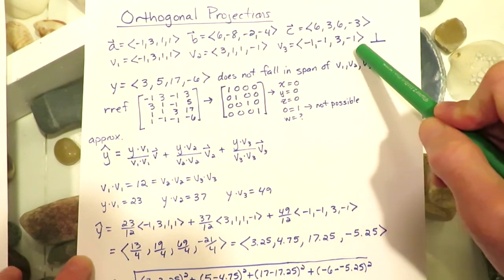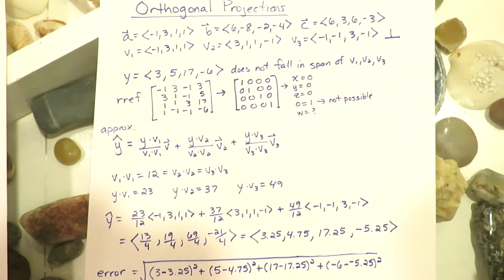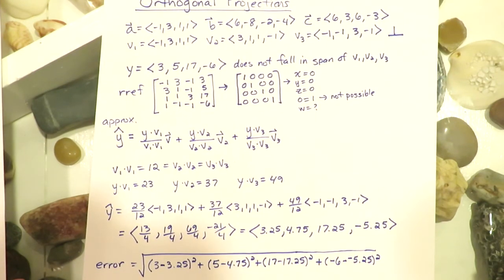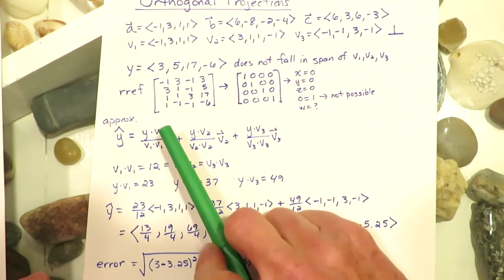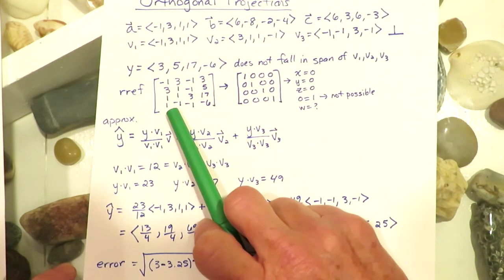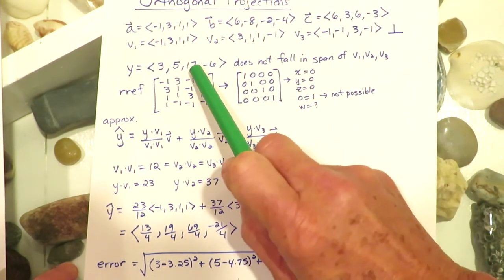these vectors are perpendicular. This vector 3, 5, 17, -6 does not fall in that spanned space. If you wanted to check it, you could set up a system of equations assuming that there's some linear combination of these three vectors that will give you that vector.